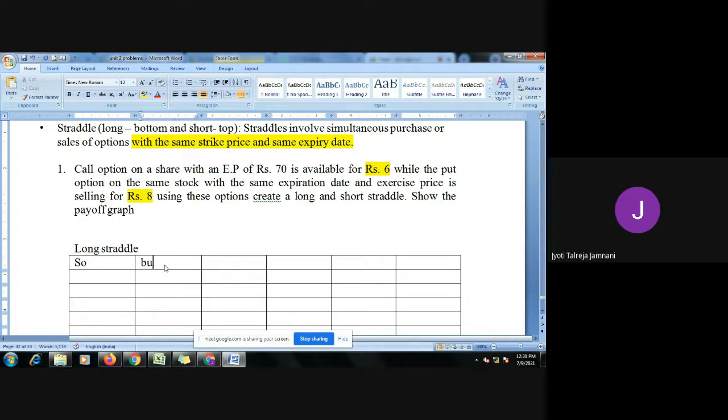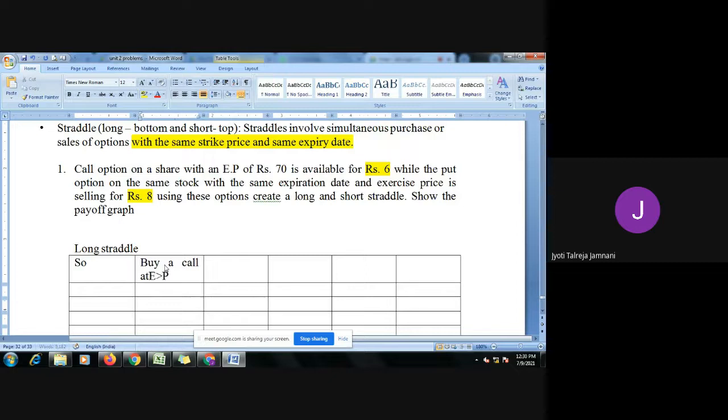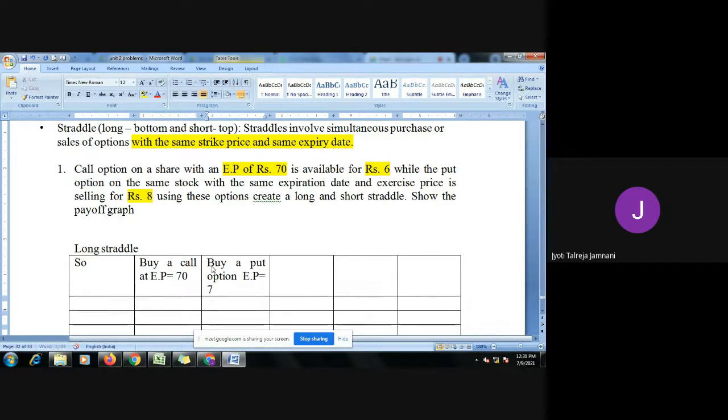So I'm going to buy a call at the exercise price they've given, 70 rupees. Here is the exercise price for both the options, 70 rupees. Then I'll buy a put option for an exercise price of rupees 70. Again, same exercise price and same expiration date. Then we'll get the gross payoff.